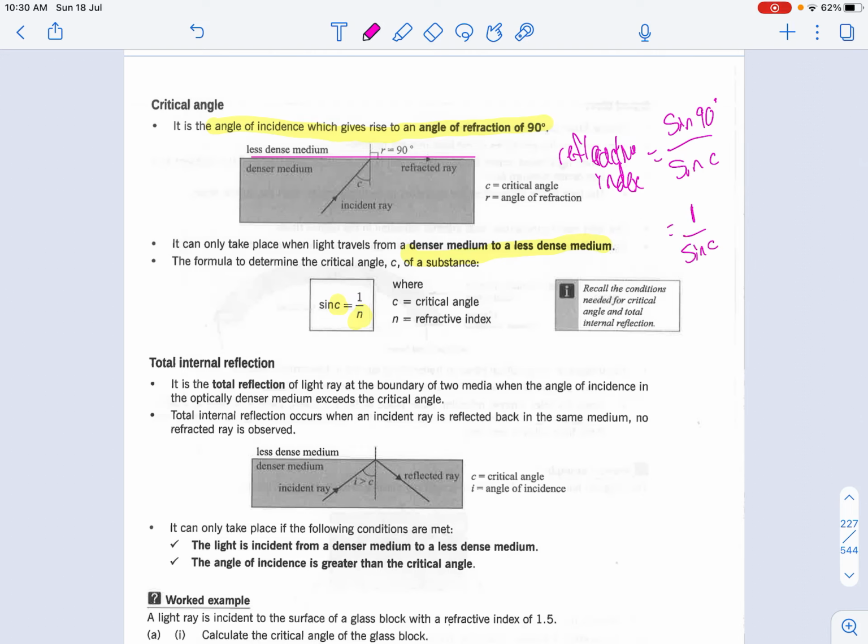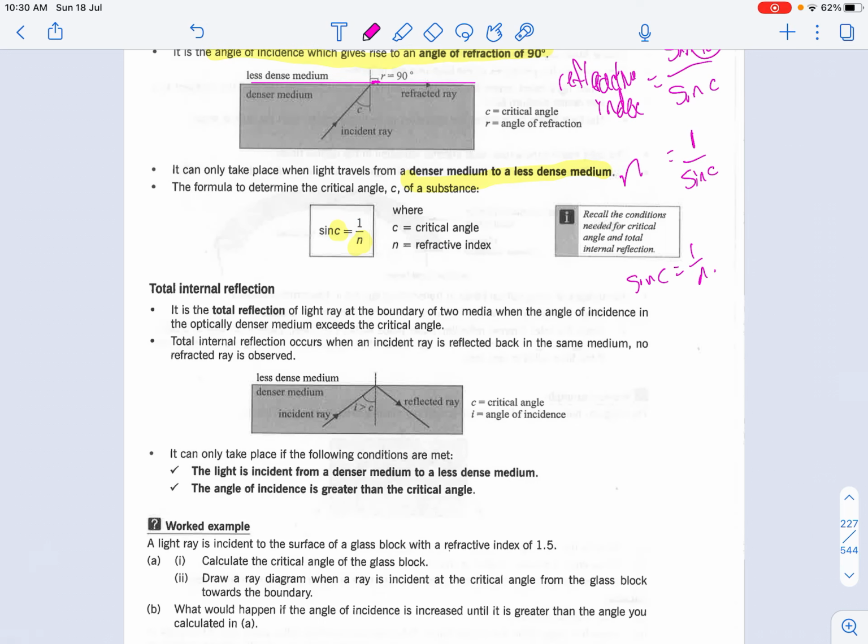Sine 90 equals 1, so 1 over sine C, and this is where your refractive index is n. That's how you actually get the formula where sine C equals 1 over n, where 90 is this angle here, your angle of refraction.